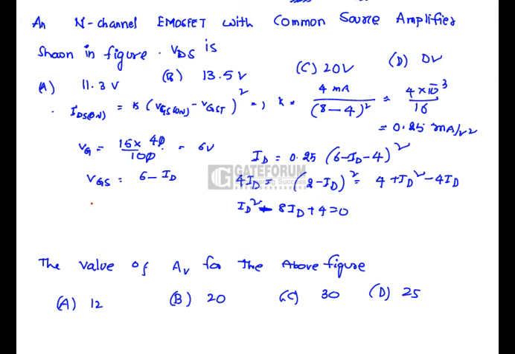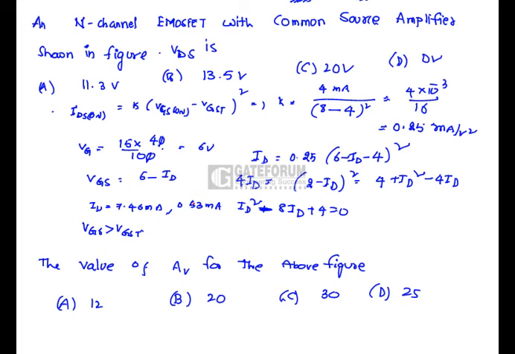If we solve this quadratic equation, we get ID as 7.46 milliamps and 0.53 milliamps. So we have to choose the appropriate value out of these two. VGS must be greater than VGST, so if we choose ID, VGS has to satisfy this.